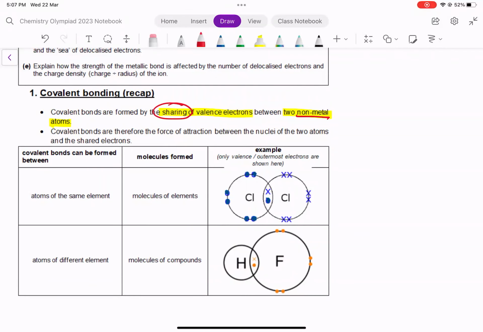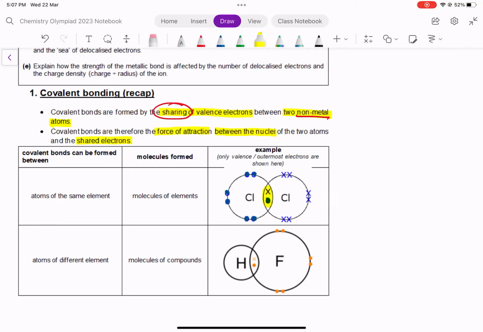In essence, a covalent bond is the force of attraction between the nuclei of the two atoms and the shared electrons. That's why the shared electrons remain where they are. Take, for example, Cl2, which I've drawn for you. This is the dot and cross diagram with the shared electrons in the center.